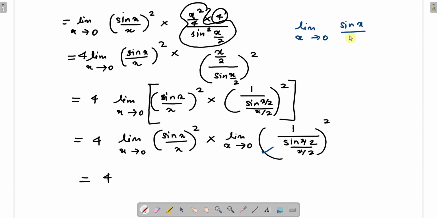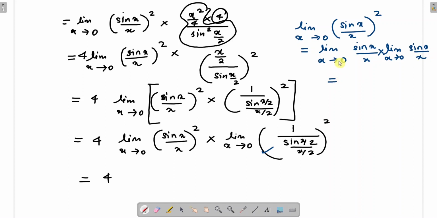So (sin x divided by x) the whole square will be equal to limit x tends to 0 of sin x divided by x, multiplied by limit x tends to 0 of sin x divided by x. This will be equal to 1 multiplied by, similarly here it is 1. So what we will have is 1.